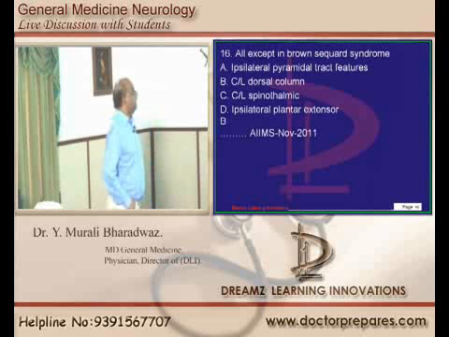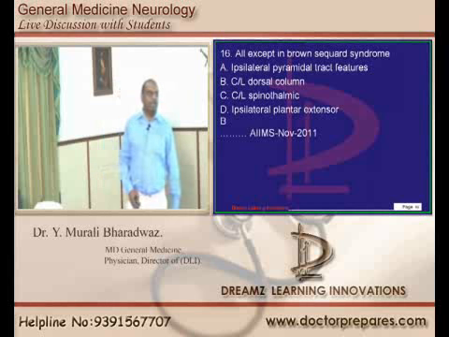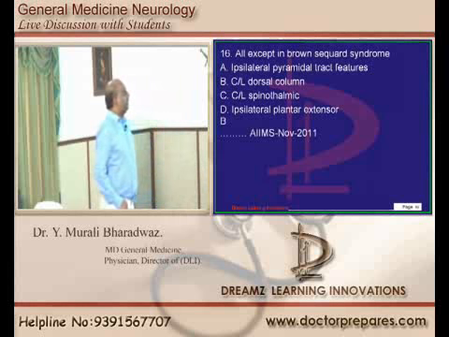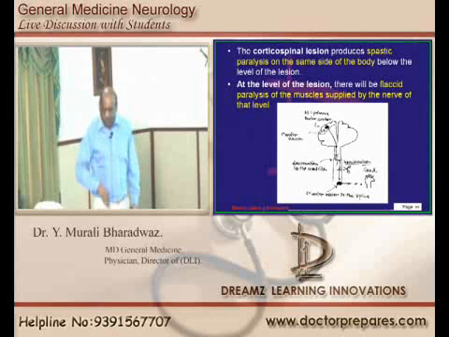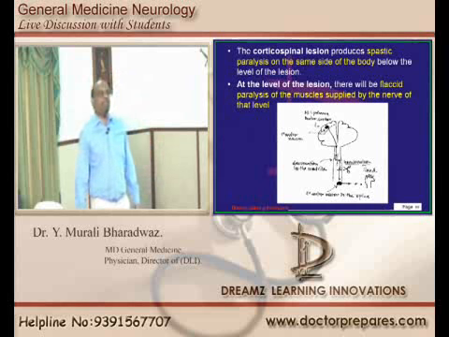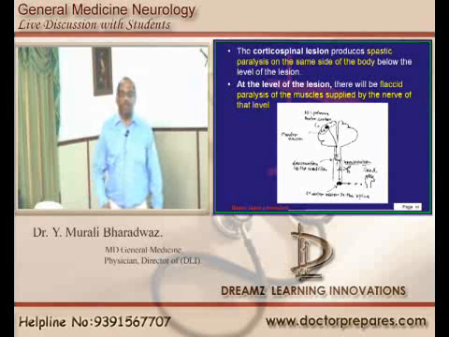Now, what are the features you see in Brown-Sequard syndrome, where you have a hemisection of the spinal cord? You know very well that the corticospinal tract will be traveling down in the same direction, till it crosses over to the opposite side. At the level of the medulla, it will undergo decussation.